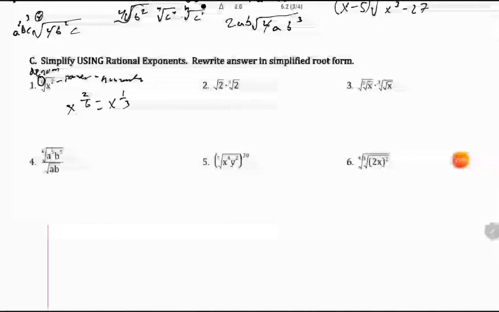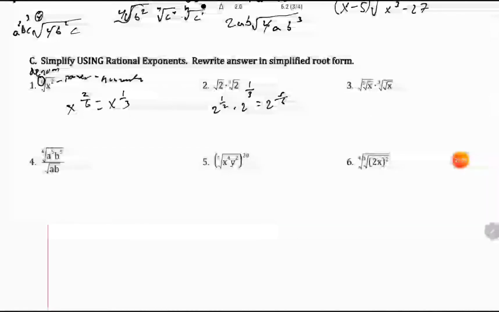This is the 2 to the 1/2 times 2 to the 1/3. So this is 2 to the... Wait, where am I? Oh, yeah. Which is 2 to the 5/6.